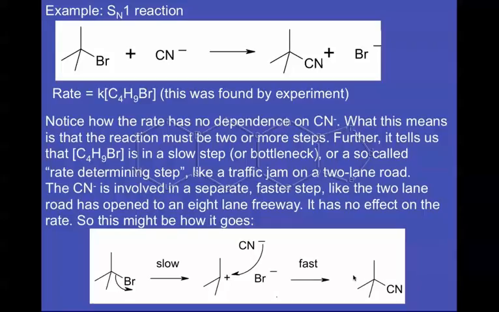Now the other thing that's important is that we also know that this is more than one step, because the CN- is not involved in the rate equation. Since there's no CN- in the rate equation, and we know that it's involved in the overall reaction, then what we've got to assume is that there's something that involves C4H9Br, and then later on the CN- is going to have to be involved.